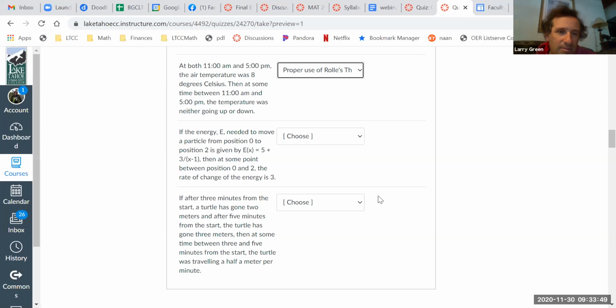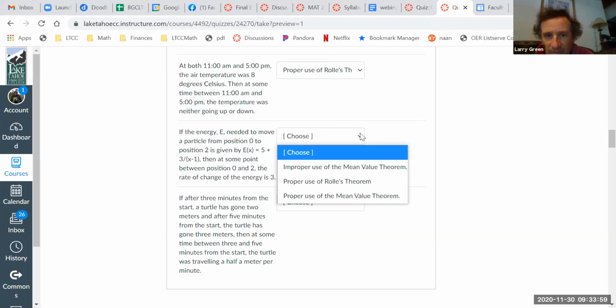We're looking at Rolle's theorem, mean value theorem. Is it proper or not proper? Or I guess improper is the way I worded it. What's the problem with this one if we try to use a mean value theorem? There's an issue.